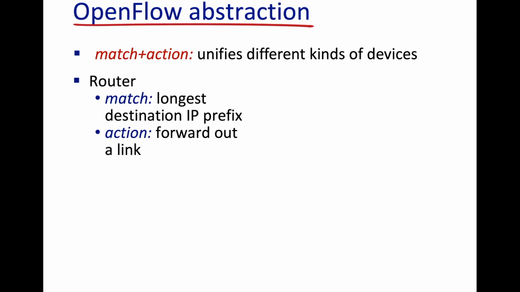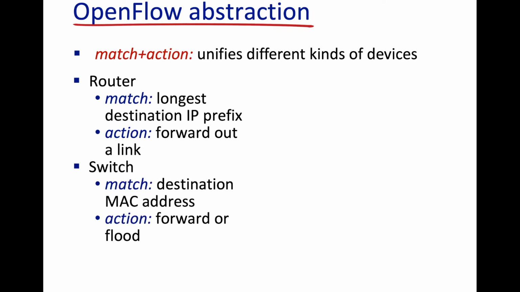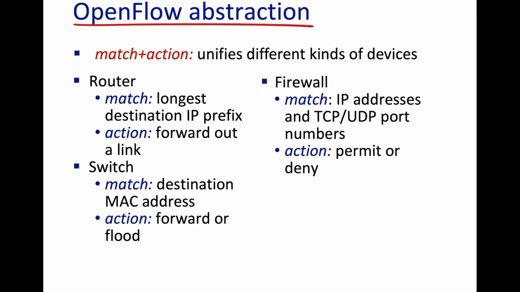And so when you act like a router through a match action rule, you're matching the longest destination IP address prefix, and the action is to forward out a link. That's exactly what a router does. Acting like a switch, you're looking at the destination MAC address, and you're going to forward out a port, or you're going to flood. You're going to send out all of the ports. That acts like a switch, and I'm going to talk in detail about what switches do.